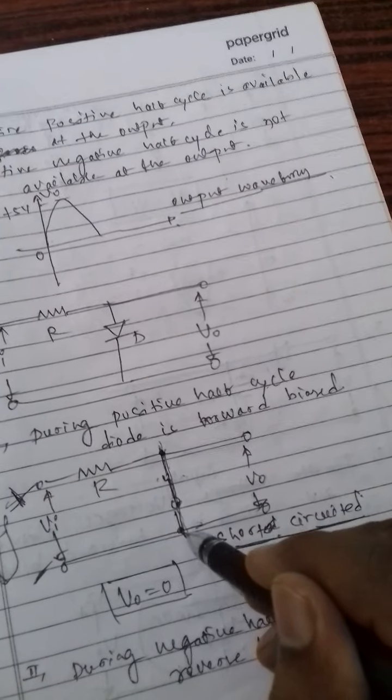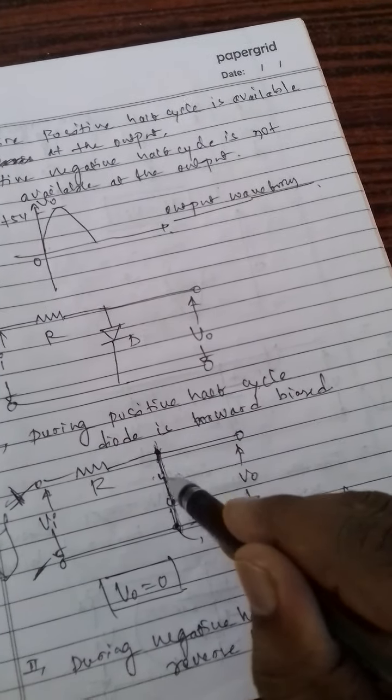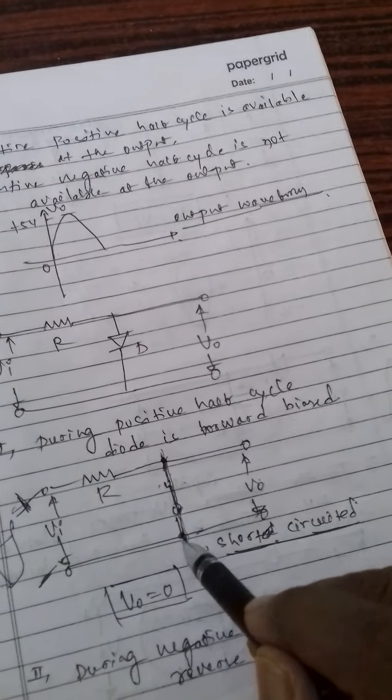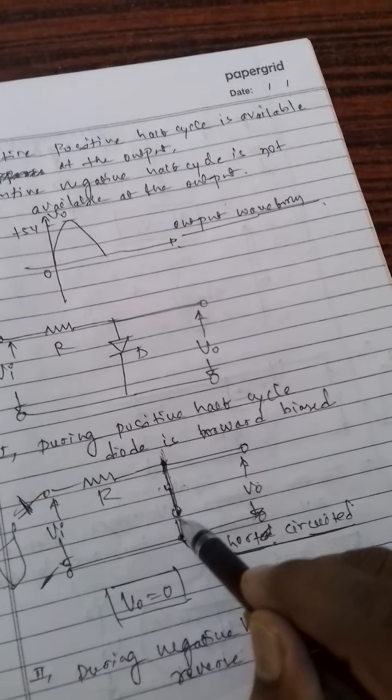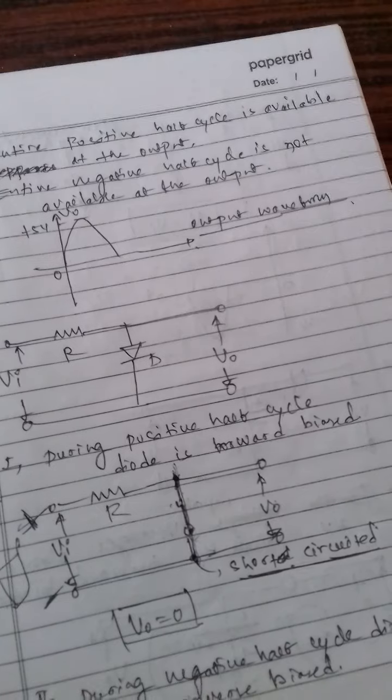Are you getting it? Here this diode is short circuited, so the resistance of this branch of the circuit is equal to 0.